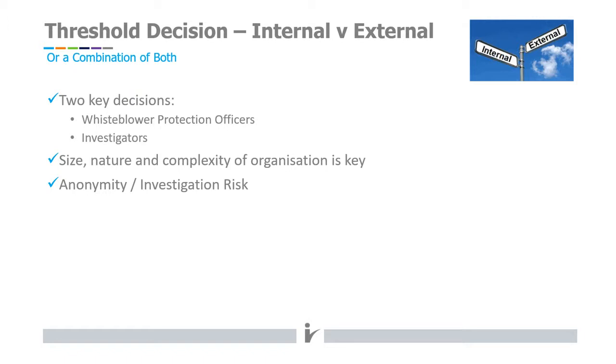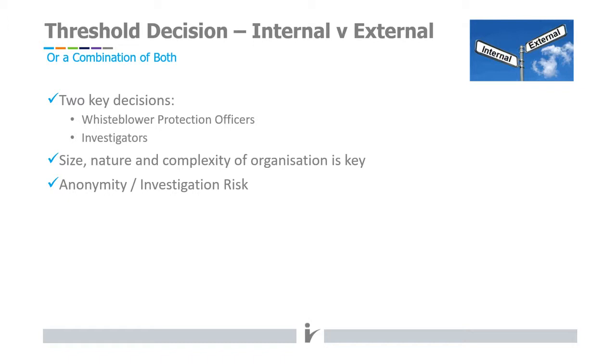So the two decisions you have to make here: first, your whistleblower protection officers. Are you actually getting an outside party to act as the whistleblower protection officer? So an external service is going to actually take that initial disclosure. And the second one is, do you use internal or external investigators?